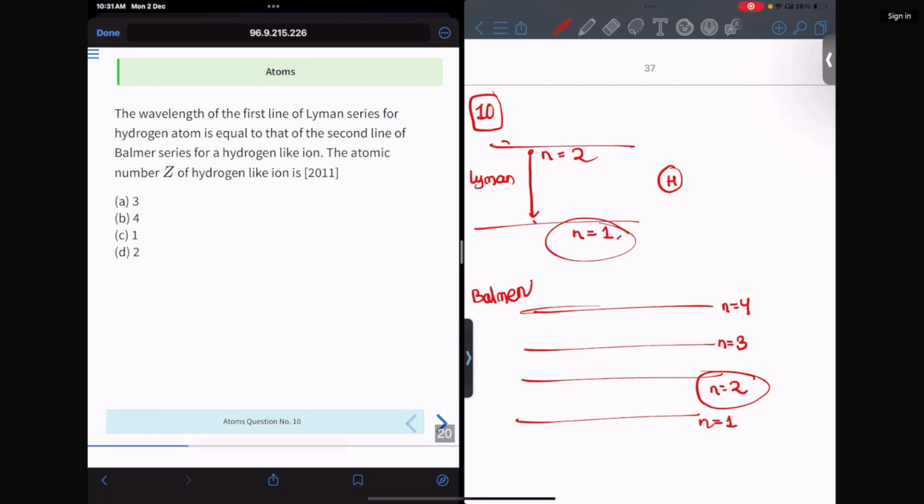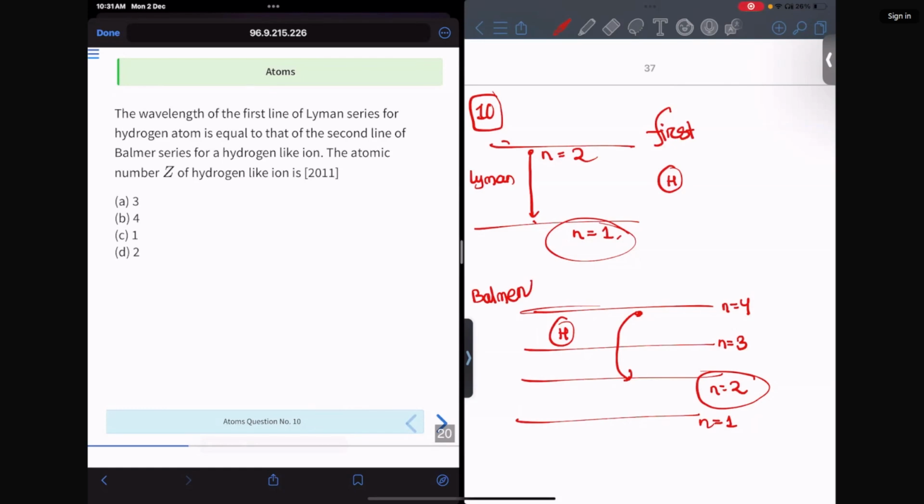Second line means it is moving from the fourth shell. First line means it will move from the third shell to the second shell. It is moving from the fourth shell to the second shell, so that is the second line. And in the Lyman series, they have given you the first line. First line means 2 to 1. You understood this? What is the first line and second line?